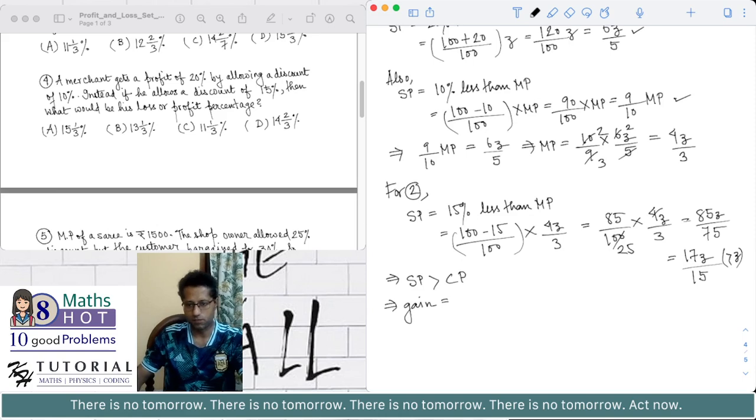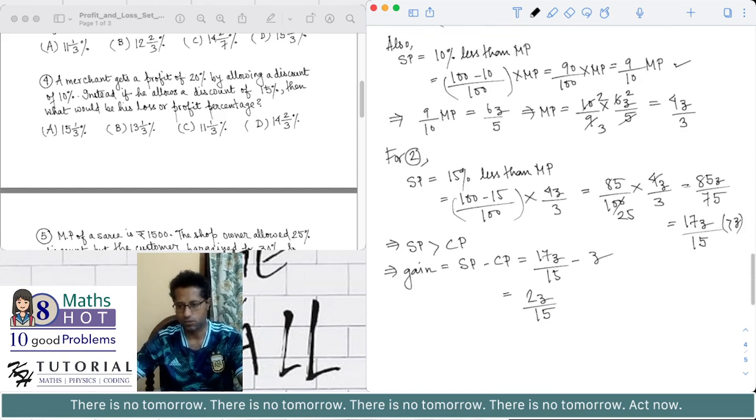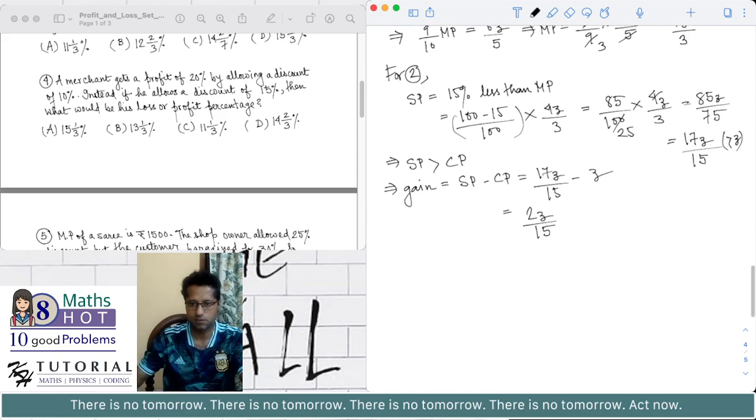This is for scenario 2, gain equals SP minus CP, which is equal to 17 Z by 15 minus Z. CP is Z. This is equal to 2 Z by 15. This is the gain in the second scenario, 2Z by 15, where Z is the cost price.